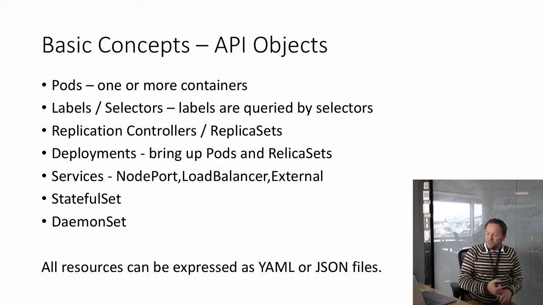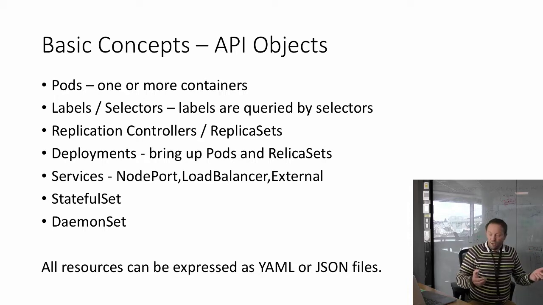But basic concepts: we have pods, which can be one container, usually it's one container, but if they have dependencies, for example, you can have several containers in one pod. Labels and selectors are really important to control the traffic in your cluster.